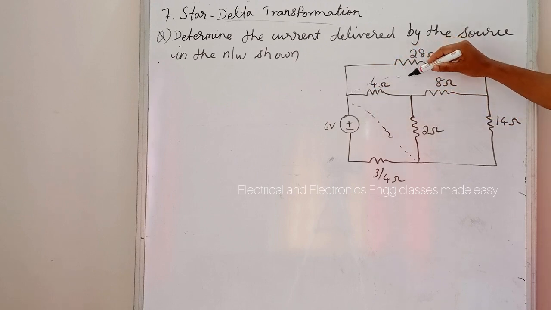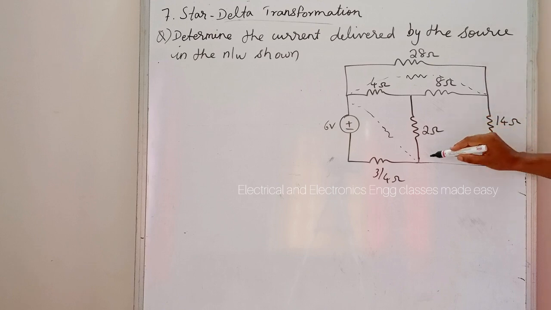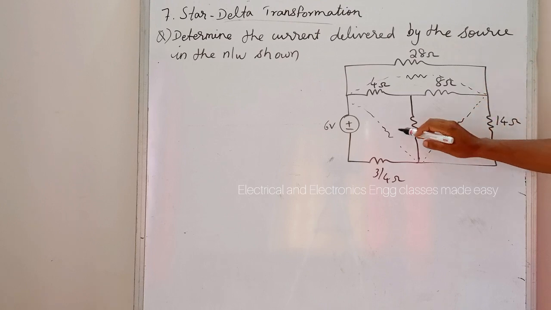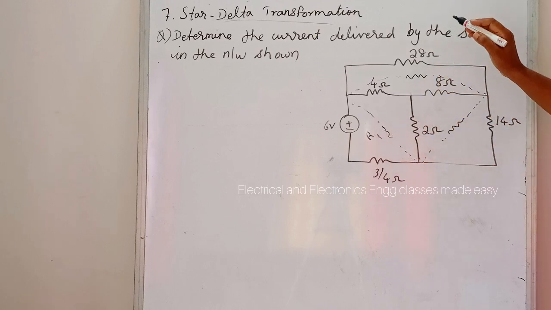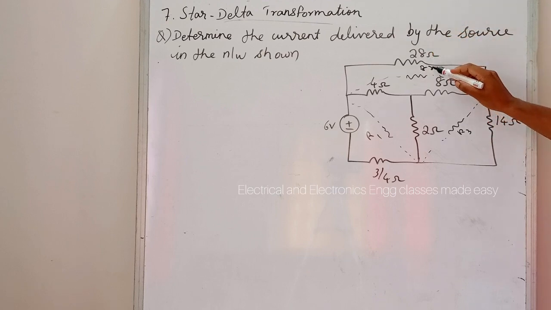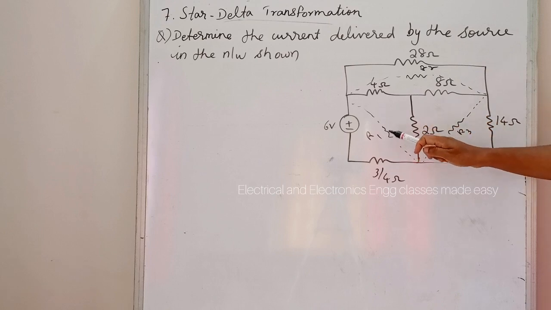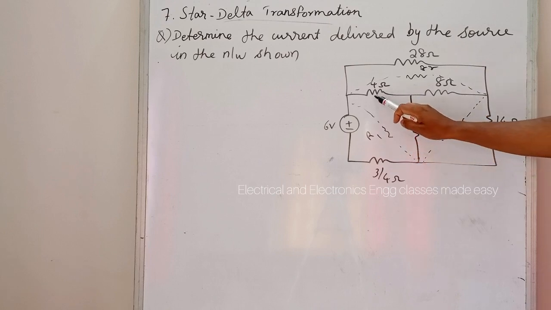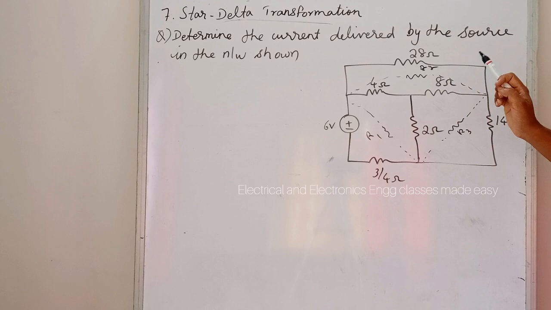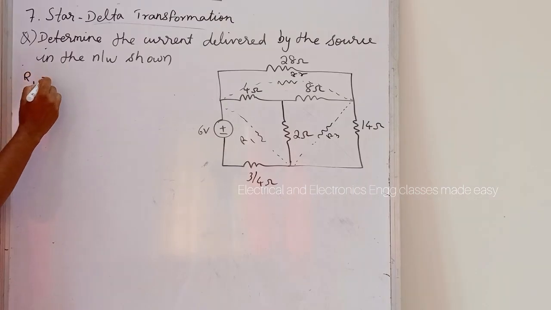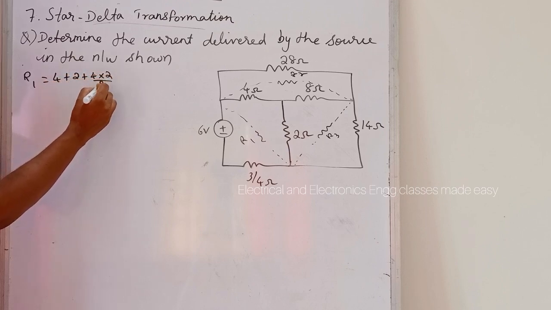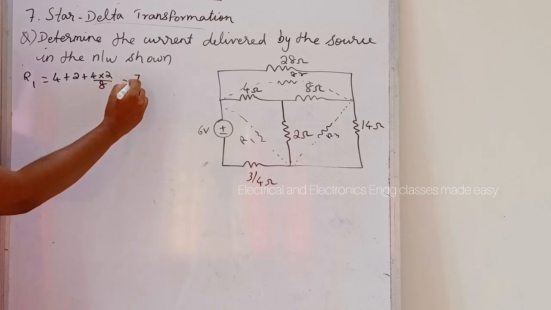Let R1, R2 and R3 be the resistances in delta connection. Then what will be R1? R1 will be 4 plus 2 plus 4 into 2 divided by 8, and we will get 7 ohm.